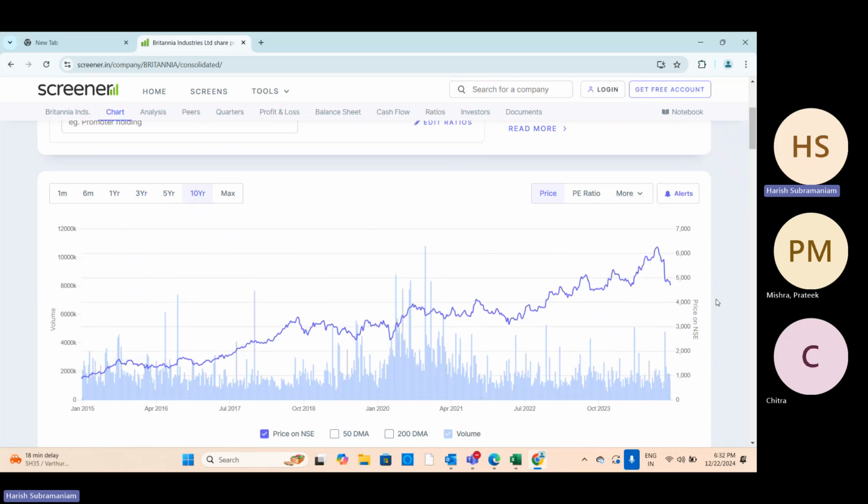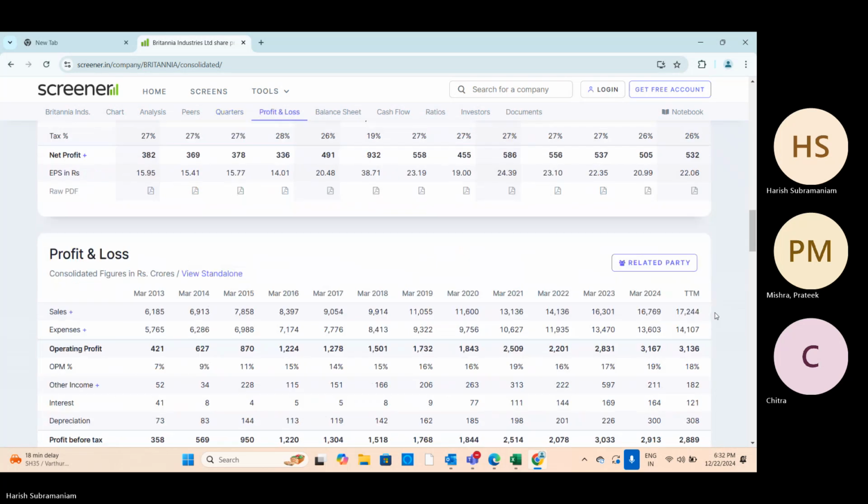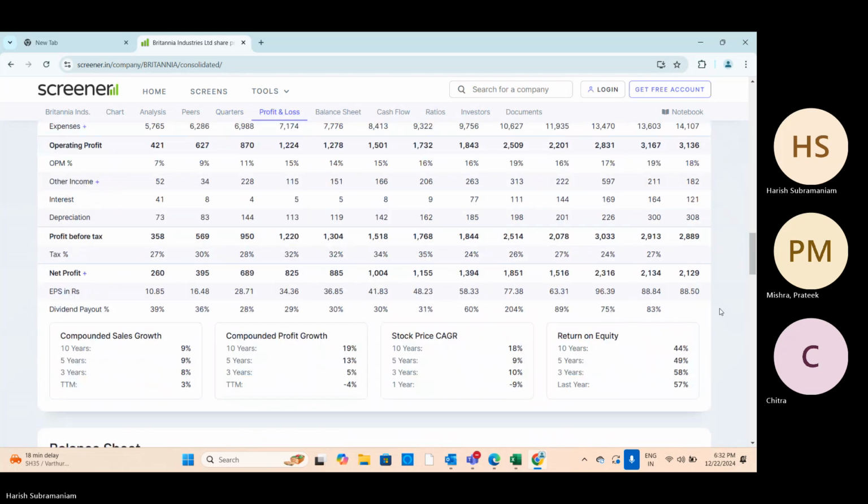That is the key thing we will observe. So this is the key metric, this compounded sales growth and this compounded profit growth, especially this compounded profit growth has to be very high. The higher this compounded profit growth, the faster on average the share price will go up.